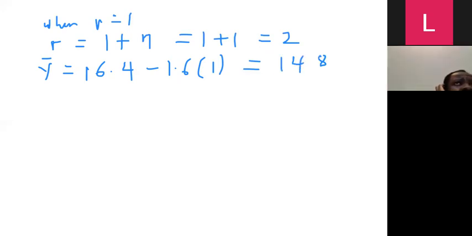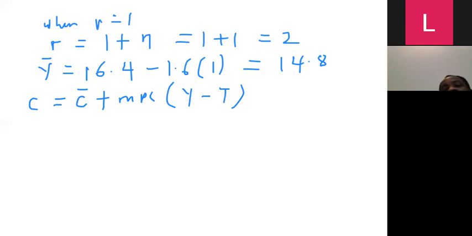And the next one is equilibrium consumption. If you recall from lecture 7 or 8, consumption equals the autonomous consumption part plus MPC into brackets Y minus T. What is the autonomous part of the consumption? It is 0.25. Our MPC is 0.75.